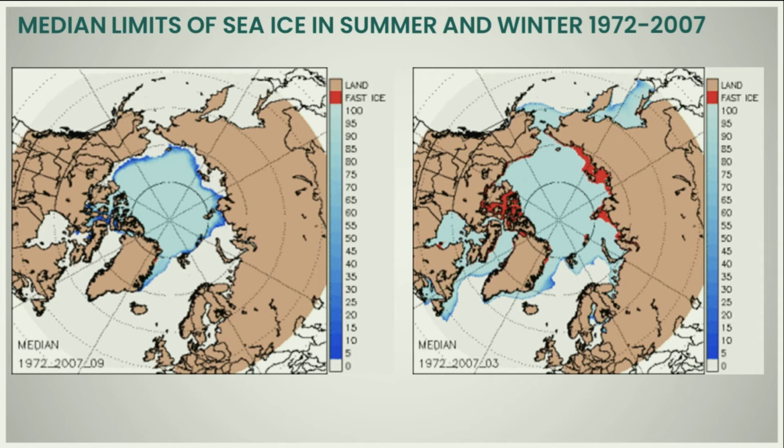Then in the winter, on the right-hand side, the sea ice grows, fills the whole Arctic basin, also fills Baffin Bay, Hudson's Bay, and part of the Bering Sea, and part of the Sea of Okhotsk, all the way down to the Japanese coast. This was the standard cycle of winter versus summer in the Arctic.